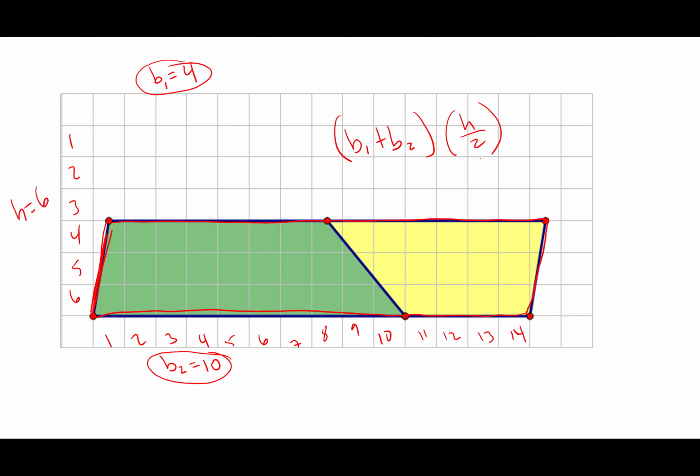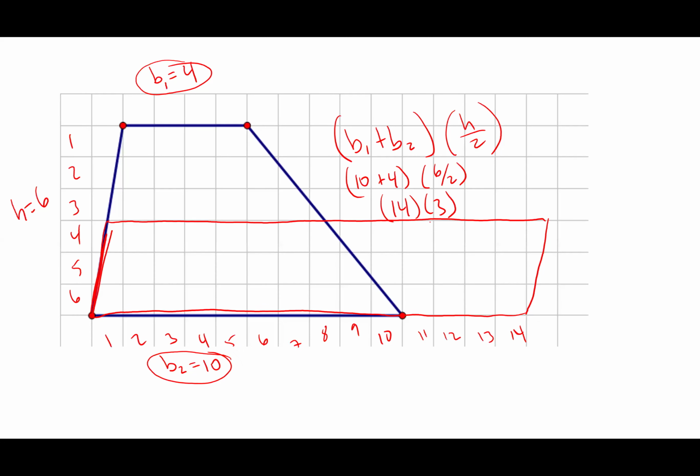In this case, I have 10 plus 4, and then the height is 6 divided by 2. So I have 14 times 3. Now 14 times 3, I can easily do that, right? 14 times 3 is 42. So the area of this parallelogram here is 42. If I go back on my shape, the area of this trapezoid is 42.